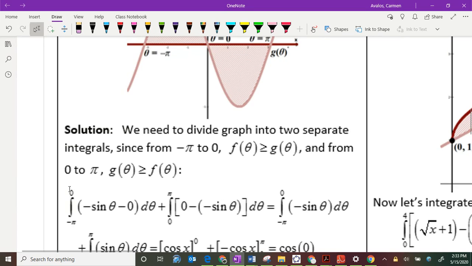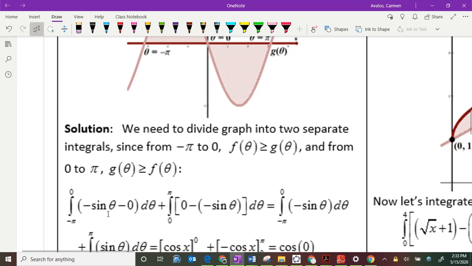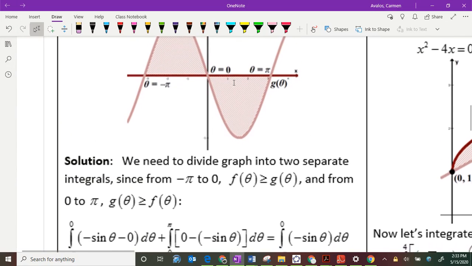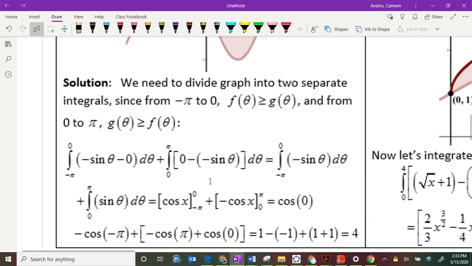We're going to do from negative pi to 0, the negative sine minus 0. Notice how sine is above and 0 is below, so it's negative sine minus 0. And in this case, this one here is above, so that's 0 minus this one right there, between 0 and pi. You take the integral of that using the rules of trig.